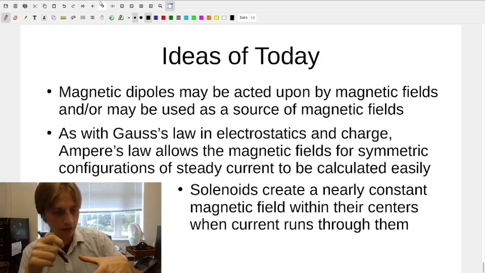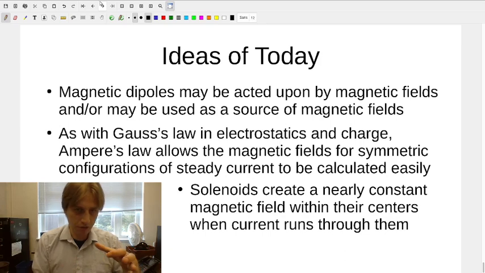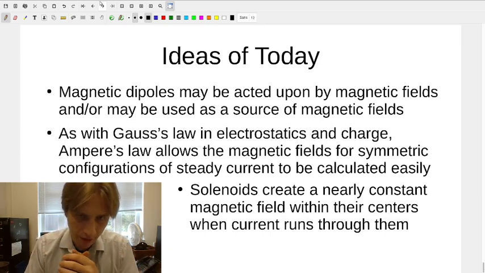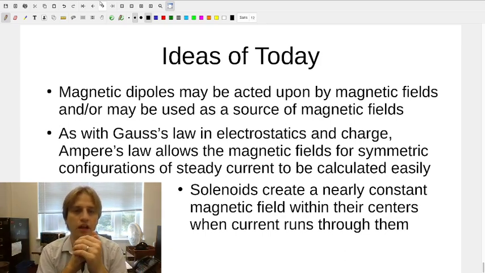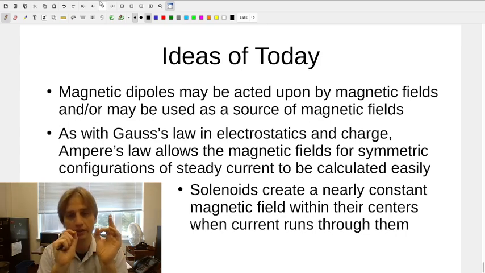Ampere's law is about a line integral around a loop, and it tells us about the currents that pierce through. And then finally, we used Ampere's law to help us find the magnetic field inside of a solenoid, and these solenoids are great because they allow us to create a magnetic field that's relatively constant within the middle.